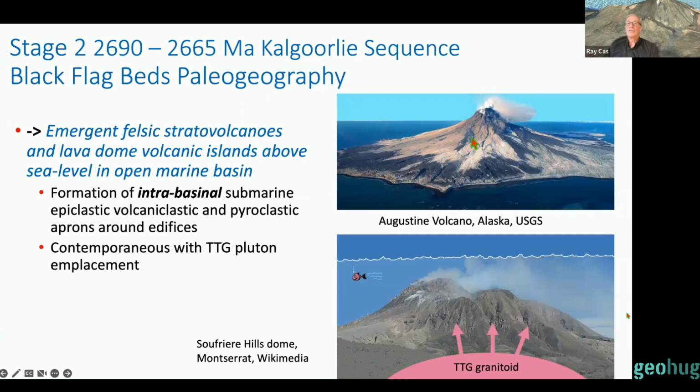Here's an example showing an andesitic or basaltic andesitic stratovolcano in the Aleutian volcanic arc, Augustine volcano, or alternatively, if you like, a submarine felsic lava dome, a dacitic lava dome, such as Montserrat in the Caribbean, the magma source of which would have been an intruding TTG granitoid. So we had contemporaneous felsic volcanism and TTG plutonism at this time.